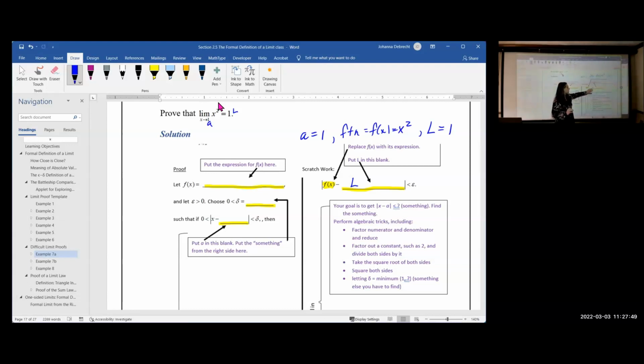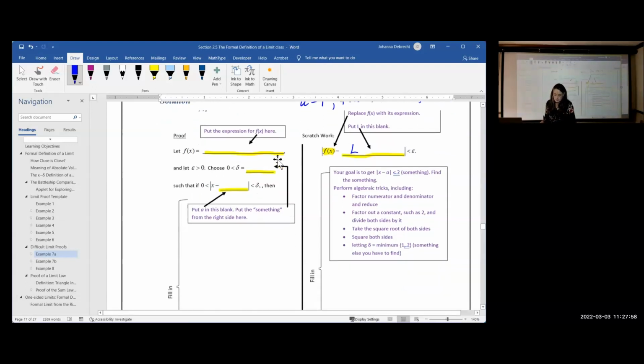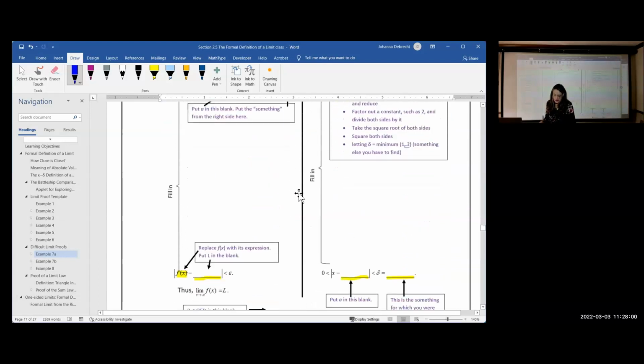So we're going to start with f of x minus L, and we're going to try to end up with x minus a inside absolute values. We're going to have to play the minimum trick again, and hopefully we have enough room here to write it all in. So we're starting with f of x, which is x squared, minus L, which is 1, less than epsilon.